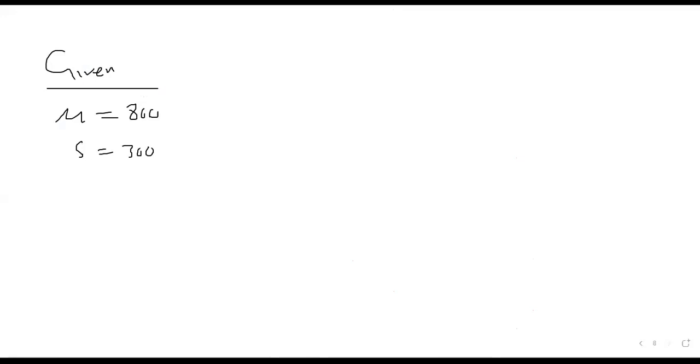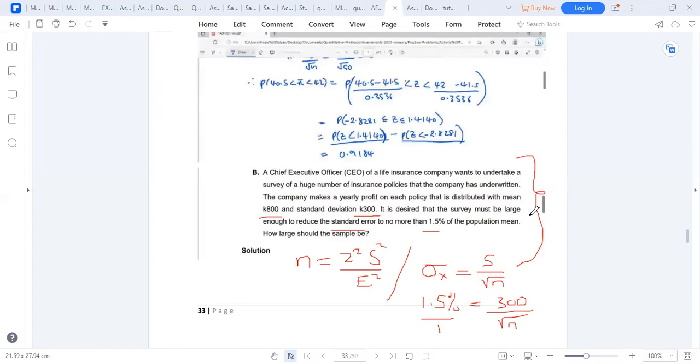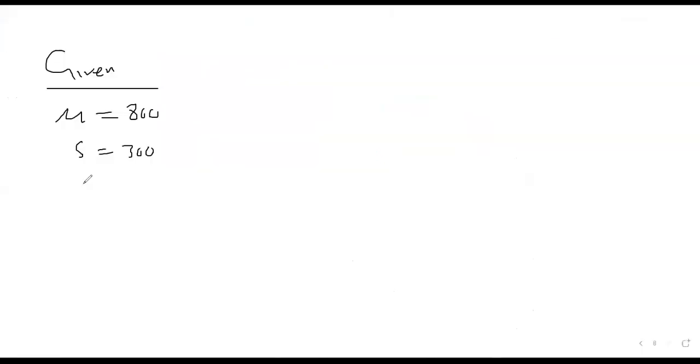And we are told that the survey is desired to be large enough to reduce the standard error to not more than 1.5% of the population. So the standard error should be less than 1.5% of the sample mean. Find n.